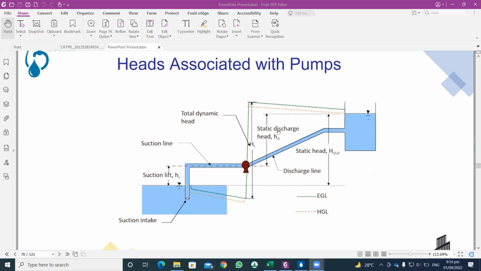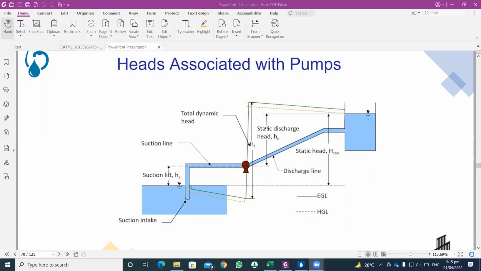Basically, the static discharge head is the difference between the center line of the pump and the water level of the tank at the downstream side. And the total dynamic head is basically the sum of the suction lift, the drawdown that occurs when the pump sucks the water into the pipe, the friction loss occurring through the pipe, and the difference between the levels of the reservoir and the pump.